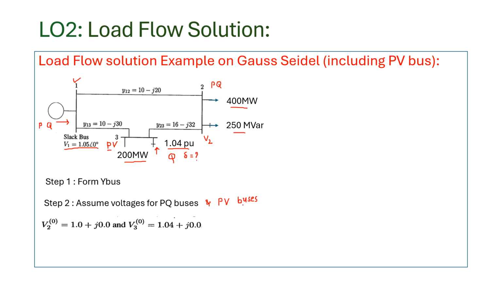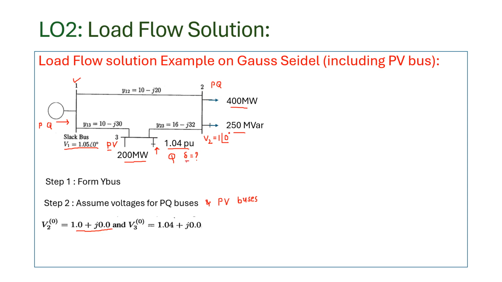Here we are making the assumption that V2, the voltage at this bus, which is the PQ bus, has magnitude assumed as 1 and phase angle assumed as 0. So it is written in rectangular form as 1.0 plus j0. And V3, the voltage at the third bus: the magnitude is already specified as 1.04.